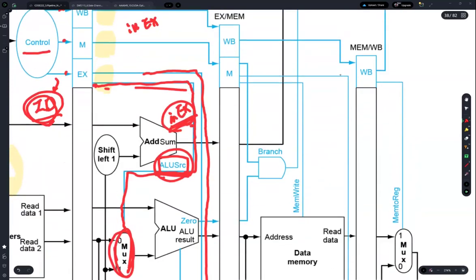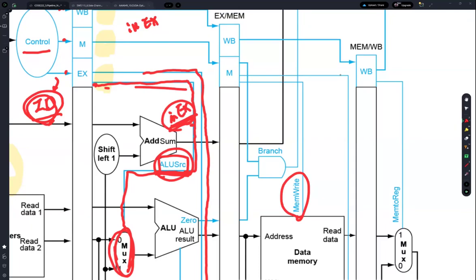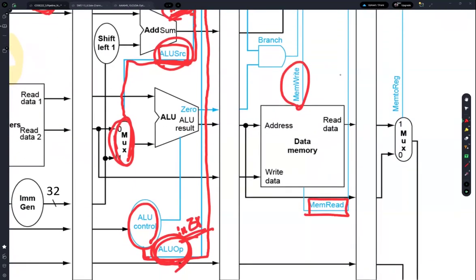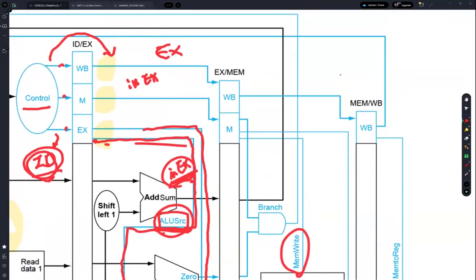Then, how about the mem write and mem read? These are memory control signals, right? We use these mem write and mem read signals in the memory stage. That's why you can find these control signals from the EX stage are also propagated to the memory stage via the EX/MEM pipeline register.